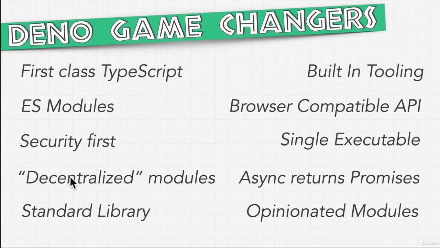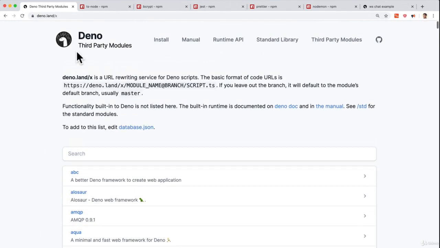But by having this decentralized place and decentralized ways to distribute packages, sure, we'll have centralized places that will maybe collect packages, like even Deno has over here, third-party modules. I myself can host anywhere in the world, any way I want, as long as I have a URL with my script, I can share it with anybody. And that brings in a lot of neat features.